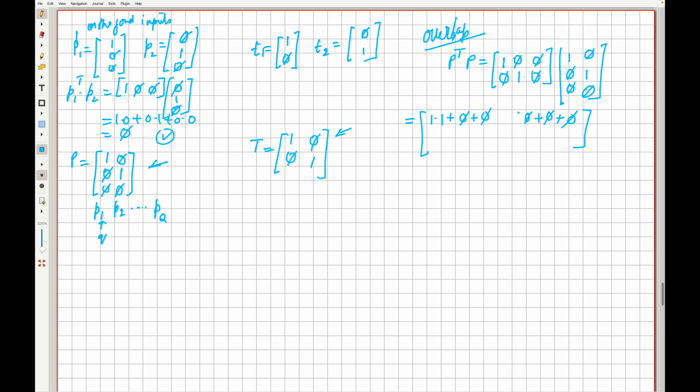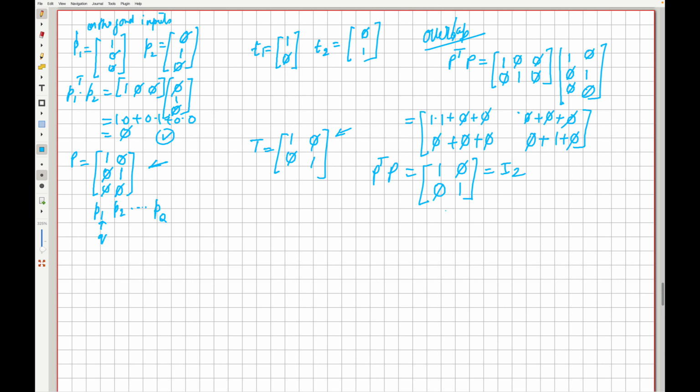In the second row we have 0 times 1 is 0, 1 times 0 is 0, and 0 times 0 is 0. And then 0 times 0 is 0, plus 1 times 1 is 1, plus 0 times 0 is 0. So what we get as output is 1 0 0 1. That's the value we have for P transpose P, and that is an identity matrix.